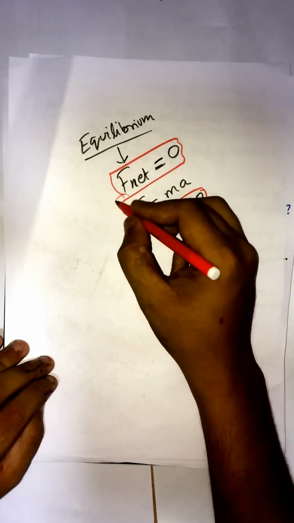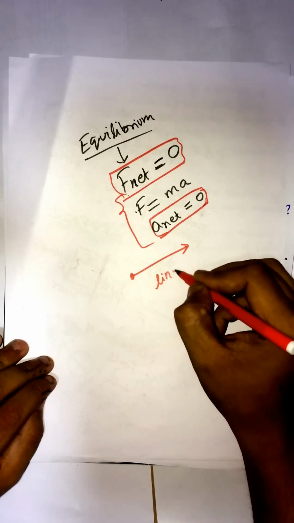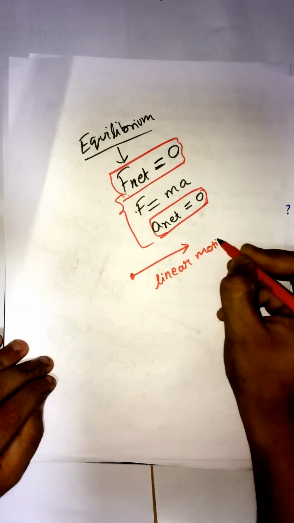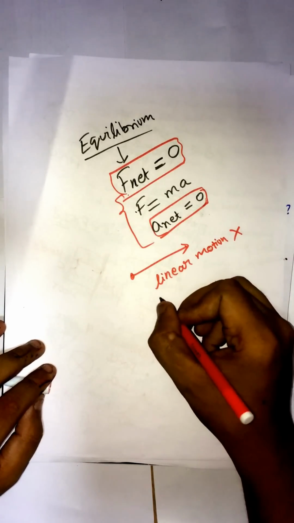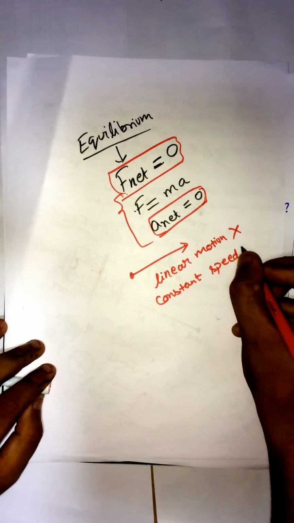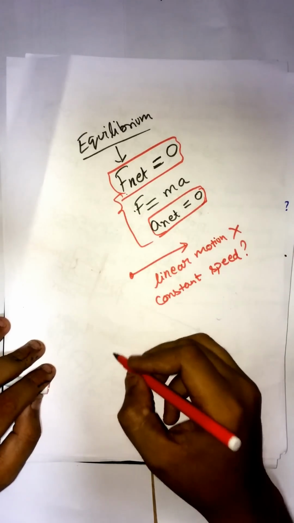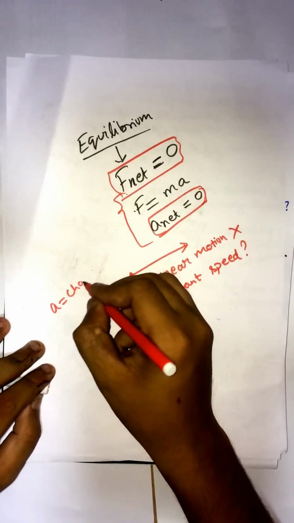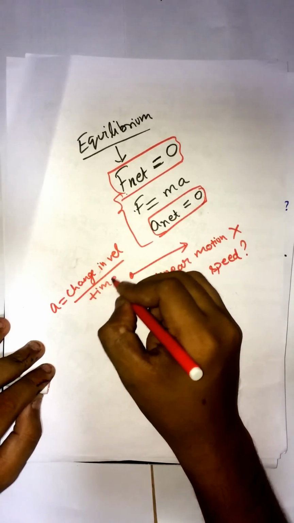One more thing, when acceleration is zero, the body cannot have linear motion. It cannot have any linear motion. No, it cannot have. Maybe it can, but only with constant speed. Confused? What do you mean by acceleration is zero? See, acceleration is change in velocity divided by time.